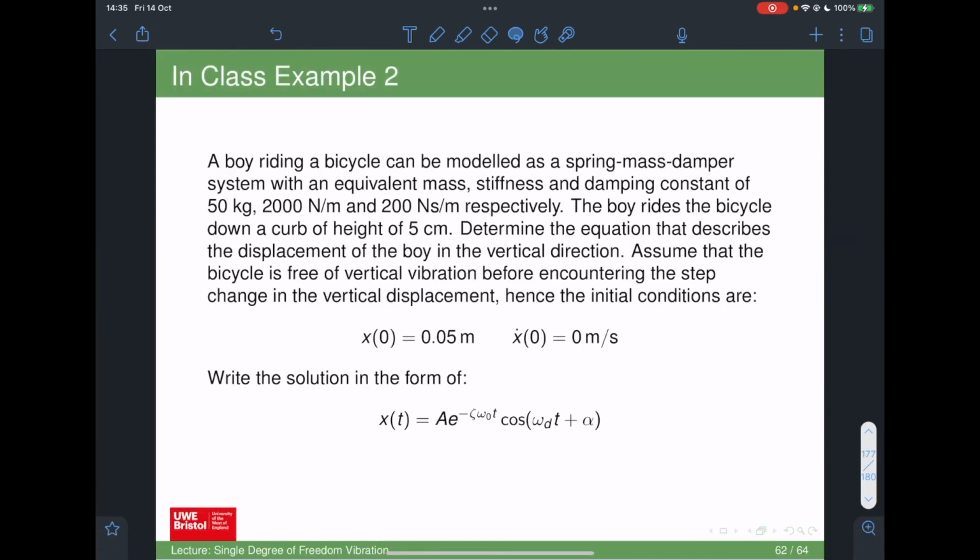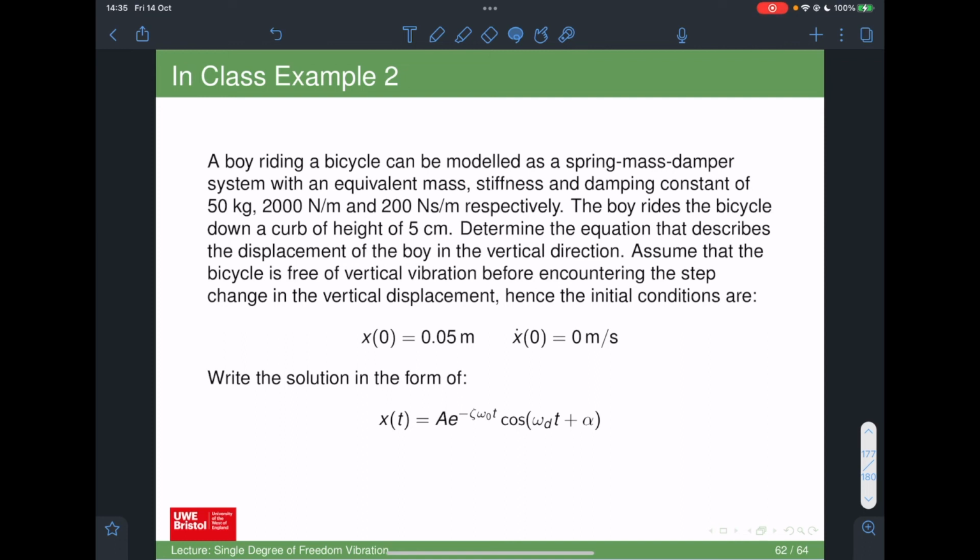Here's the example. A boy riding a bicycle or a lady riding a motorcycle or whatever can be modelled as a mass spring damper system with an equivalent mass, spring constant and damping constant: 50 kilograms is the effective mass, 2,000 newtons per meter for the spring constant and 200 for the damping constant.